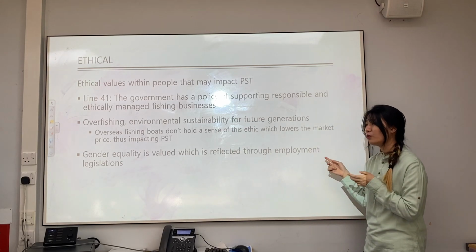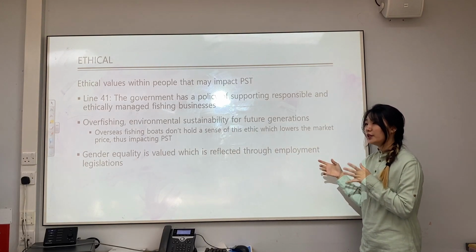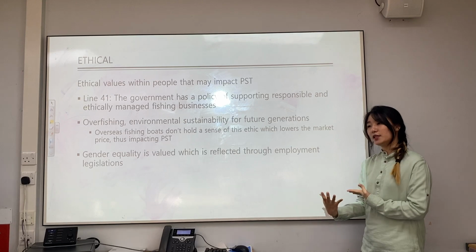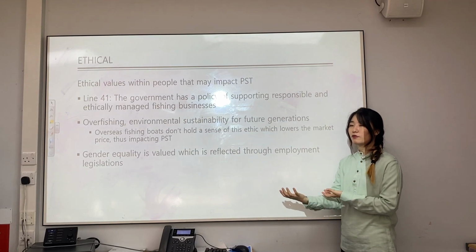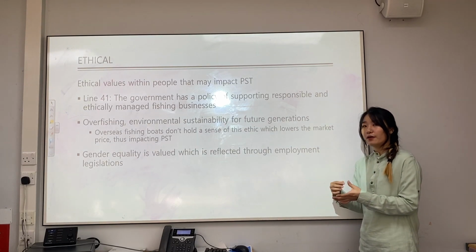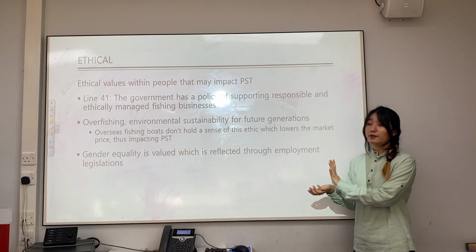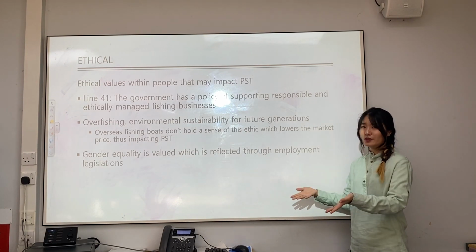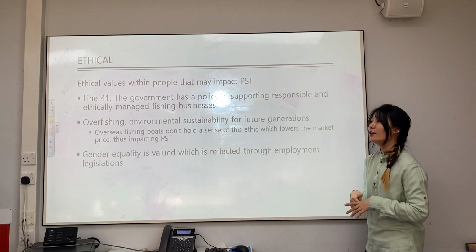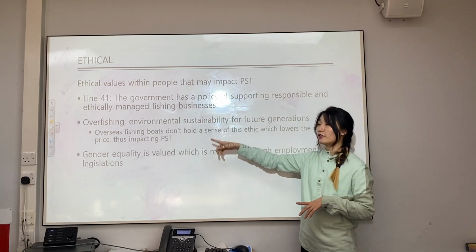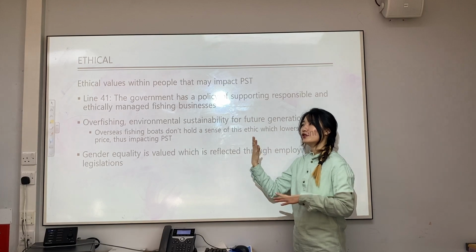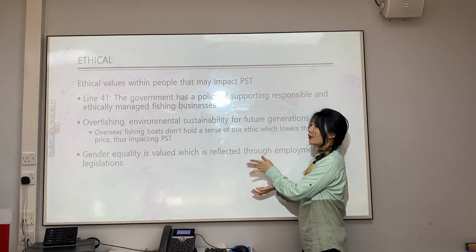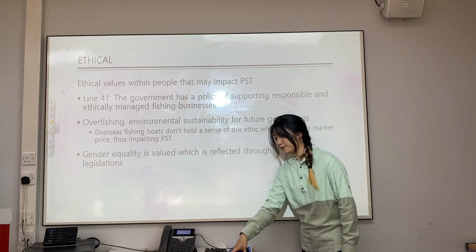That means they need more equipment, rooms, facilities to suit the female crew members' needs. At the moment, they only have so for male crew members. They might need different rooms to sleep in, different toilets, showers, etc. And that's how the gender values of the case study would impact PST.